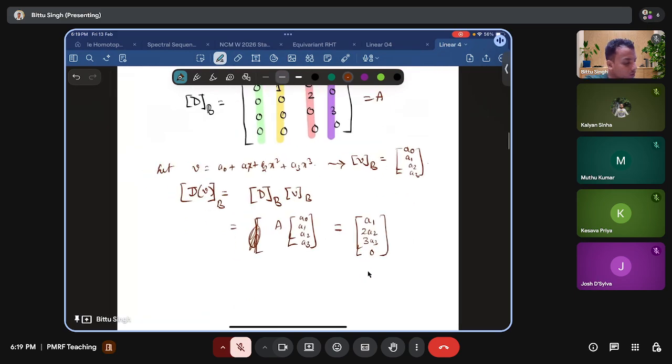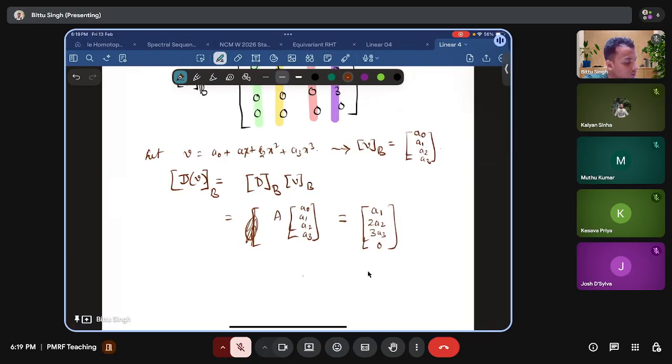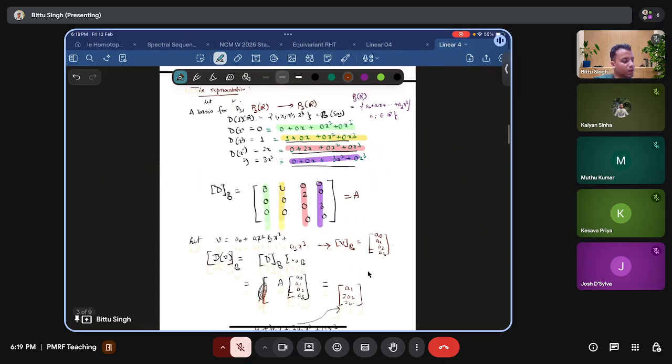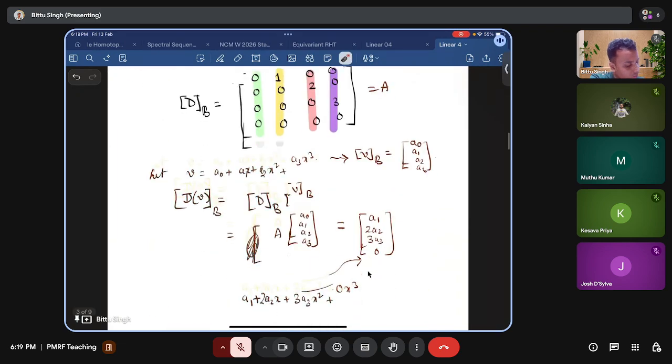And now which vector is represented by this coordinate? It is simply a1 plus 2a2x plus 3a3 x squared, because those are the basis elements 1, x, x squared and x cubed, plus 0 x cubed, which does not matter. So note that the derivative of this thing a0 plus a1x and so on is given by this.